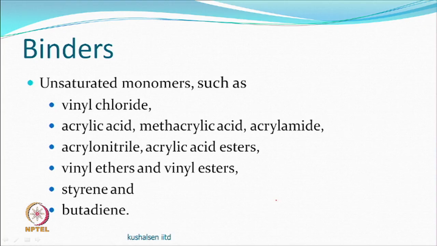So, some of the monomers that are used for making binders are vinyl chloride, okay. So, unsaturated acrylic based, acrylonitrile based, and vinyl ether, styrene, butadiene. These kind of monomers can be used along with each other or otherwise to get to some binder which will give a relatively softer film.